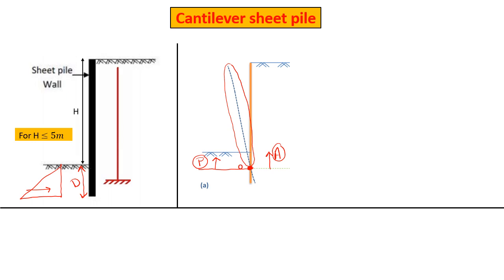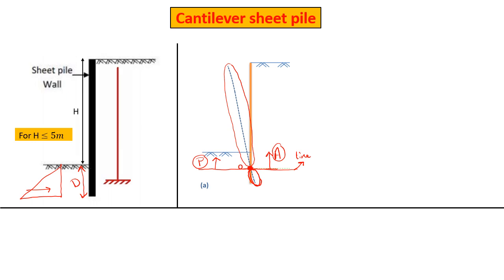Below the point of rotation, if I draw a horizontal line passing through the point of rotation, you will find that this part of your wall looks like it's rotating anti-clockwise, so it's moving to the right. It's moving and pushing the soil on your right hand side.